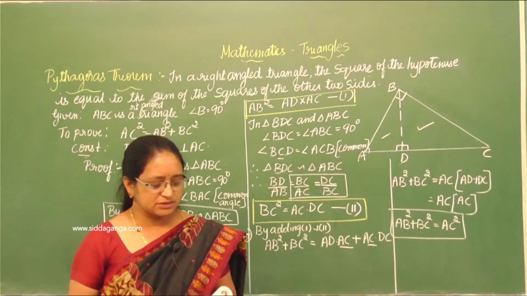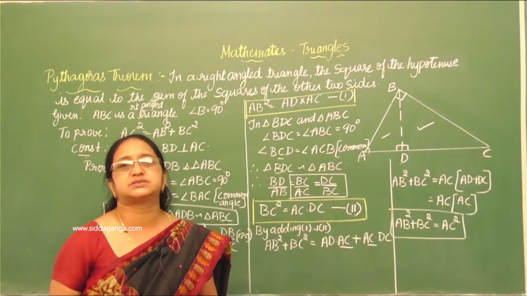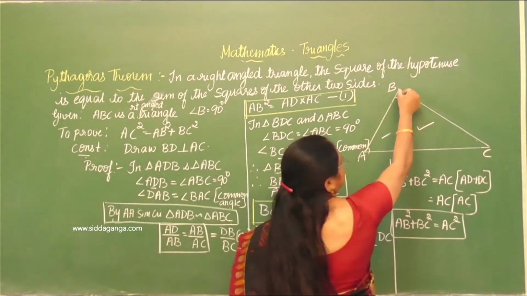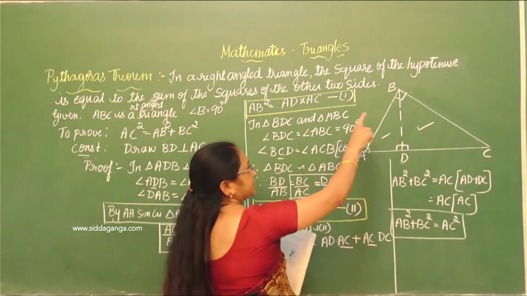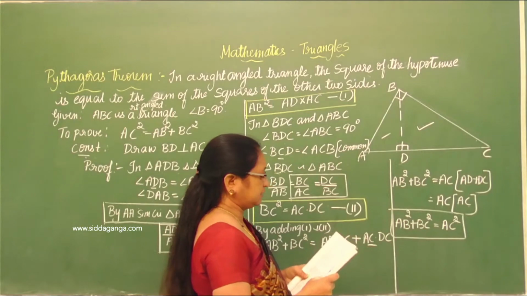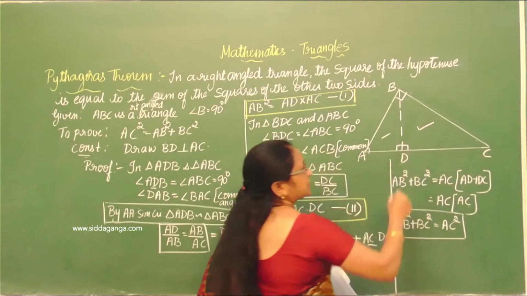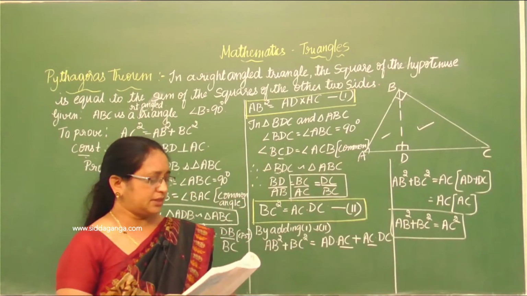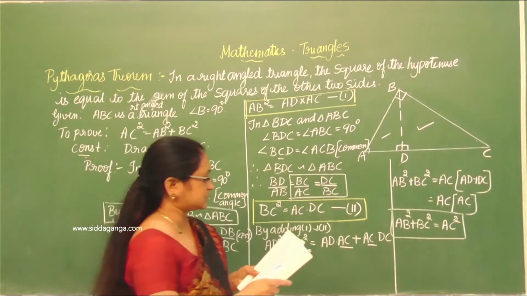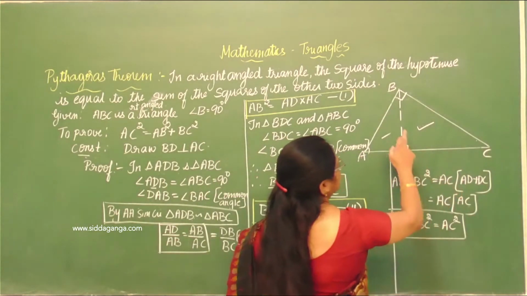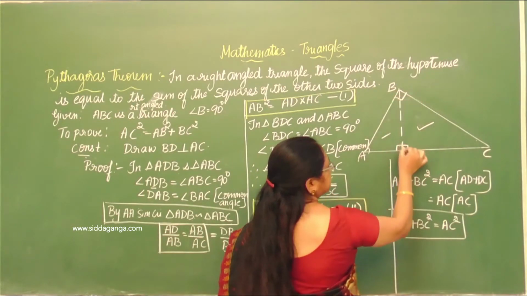If a perpendicular is drawn from the vertex of the right angle of a right triangle to the hypotenuse, then triangles on both the sides of the perpendicular are similar.